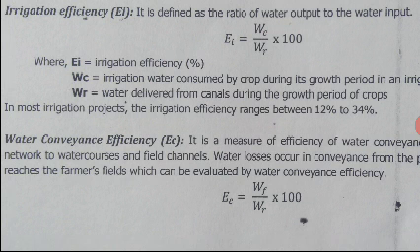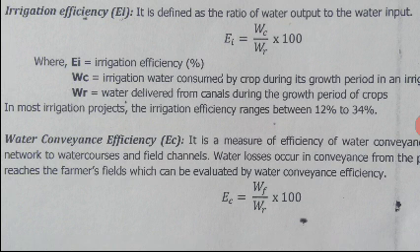It is defined as the ratio of water output to the water input with the equation EI is equal to WC divided by WR into 100, where EI is equal to irrigation efficiency in percentage.